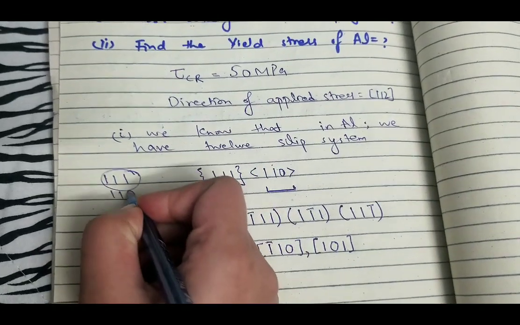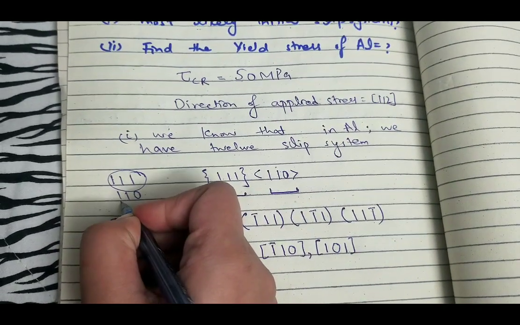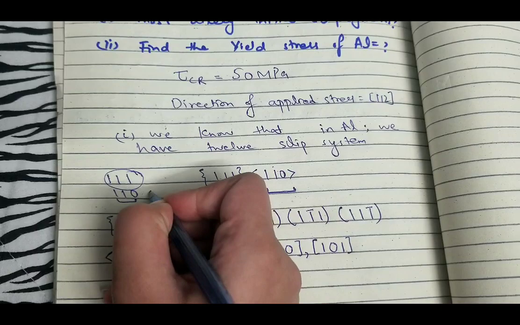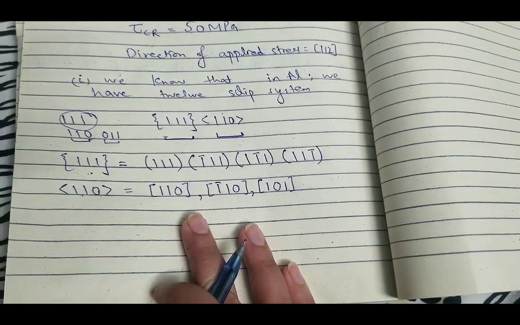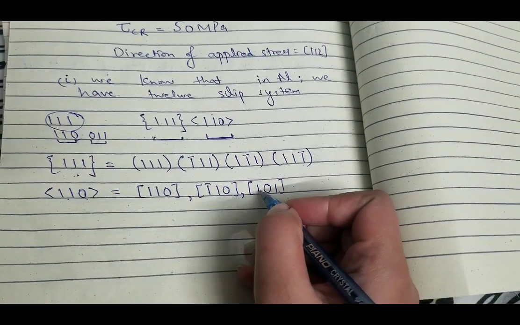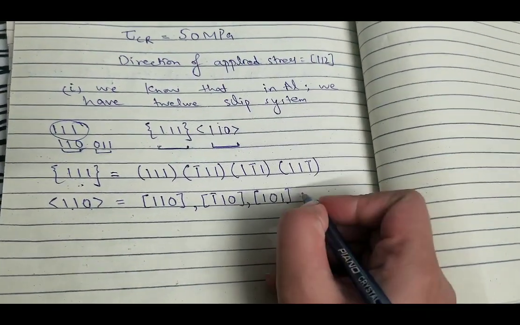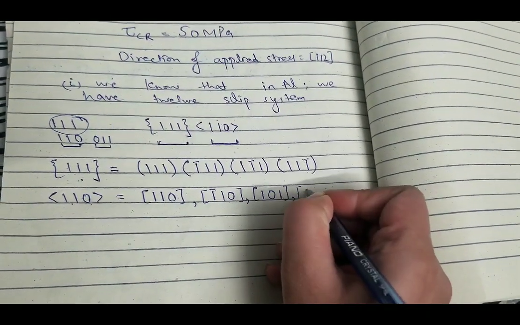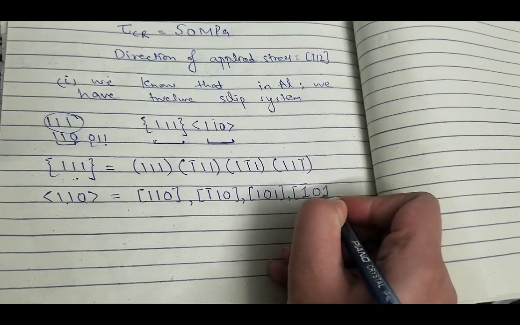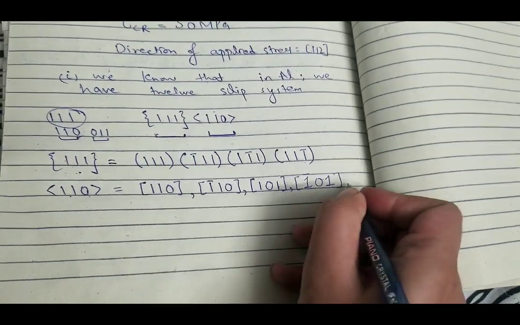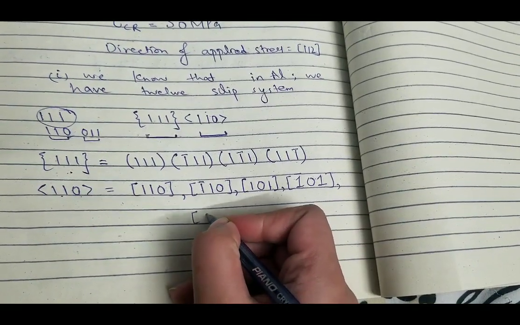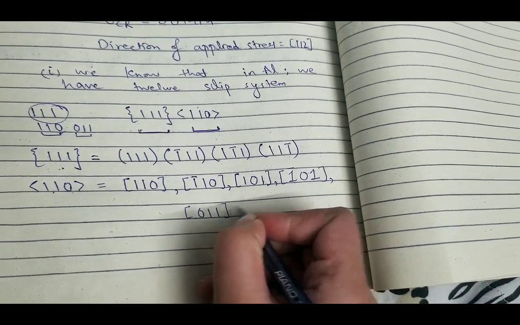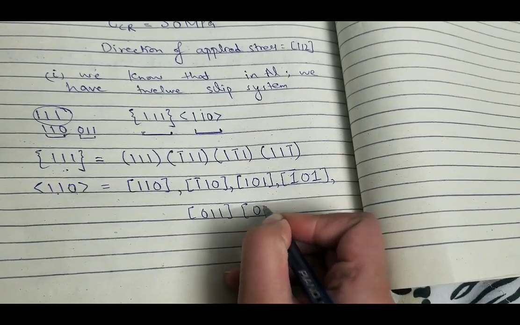But in the case of 110, if we change this position with this, it becomes this other direction. So we write 101, all positive, and then one of the indices taken as negative, let's say the first one. Another arrangement is 0 1 1, and 0 1 bar 1.